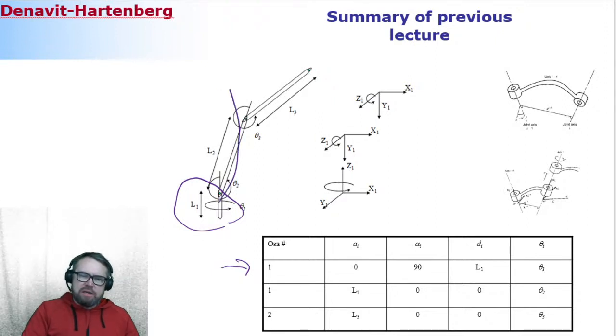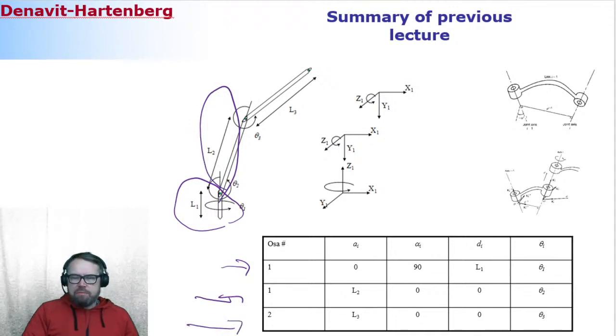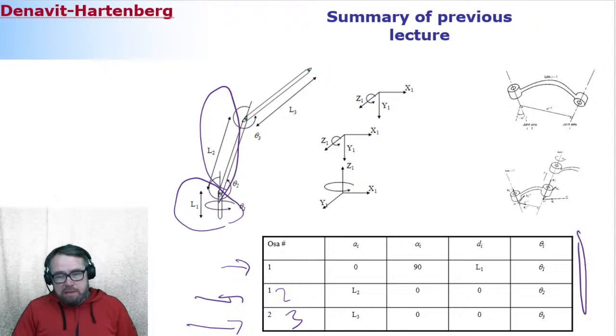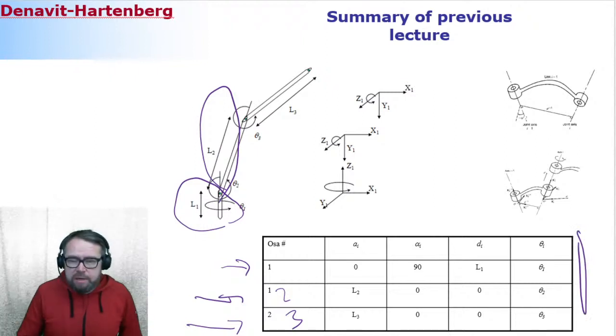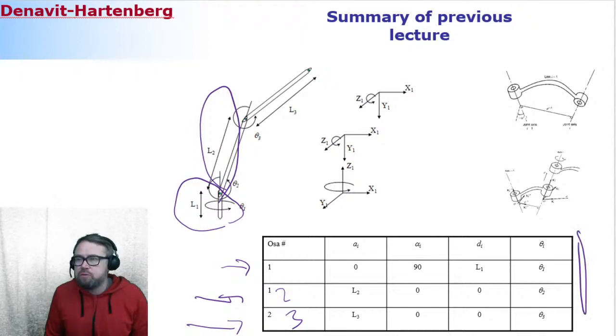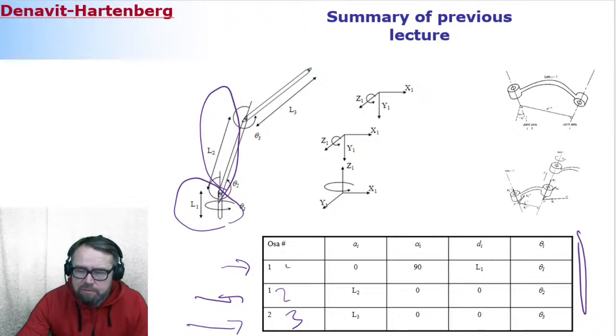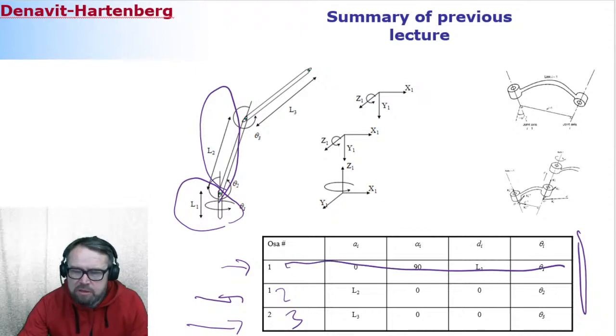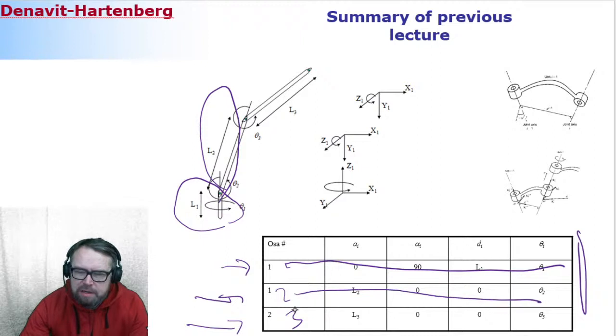Then you take your second body, you do a similar kind of concept, and you take your third. Well, let me see, this is supposed to be 2, and this is supposed to be 3. And then you're just setting these parameters. And once you have this table ready, that's it. Then your kinematics is practically ready, because the next thing you need to do is create a 4x4 matrix representation corresponding to this body, and this body.